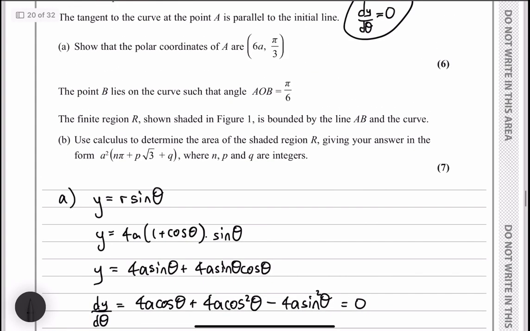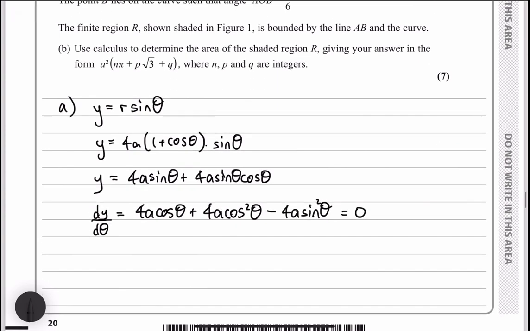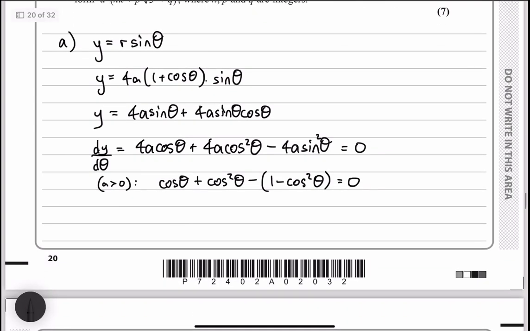So first of all, let's remember that a is a positive constant, so at this point I can divide everything by 4a. So we've got cos theta, and put on there a is greater than 0, therefore cos theta plus cos squared theta minus 1 minus cos squared theta is equal to 0, so that gives us 2 cos squared theta plus cos theta minus 1 equals 0.